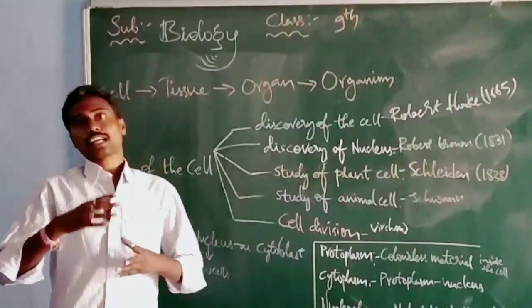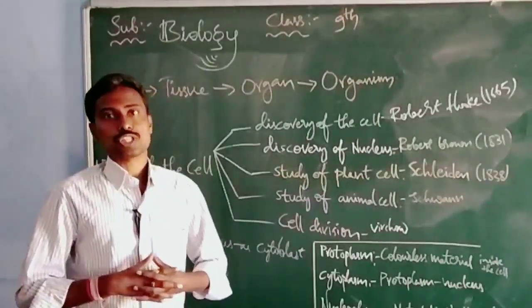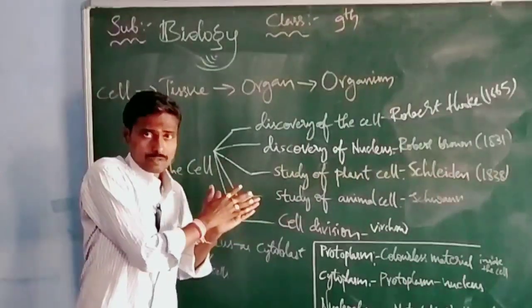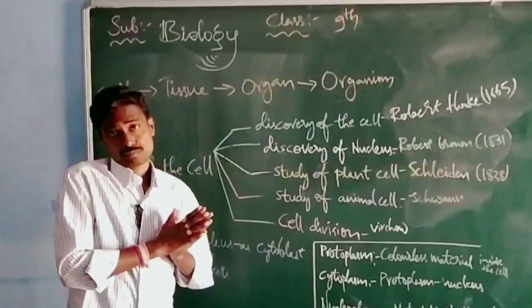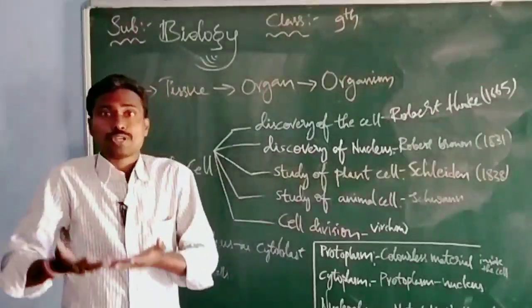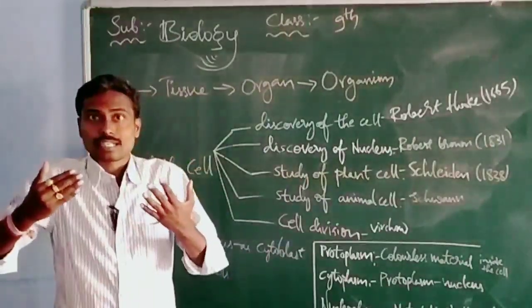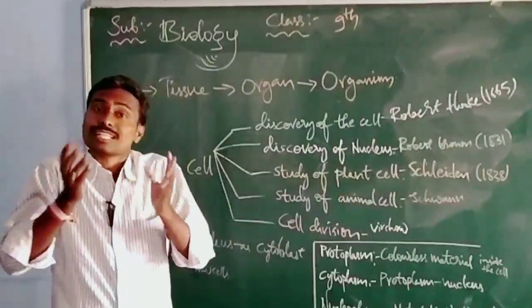Let us see another academic standard: information skills and project. Here, for example, we listen to some topics in our classroom. You need to get more information. Then you will get clarity about the particular topic. For example, cell. You need to know about the history of the cell.